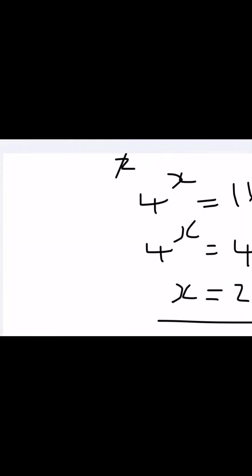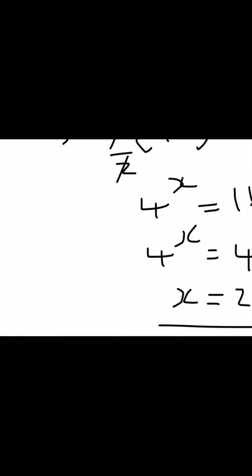Okay, let's jump on to maybe example number 9, where we have 4 to the exponent of, let's say, 2x minus 1. We equate this to 1 over 4. Again, it shouldn't be complicated.